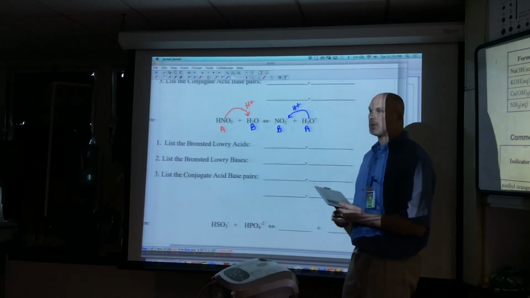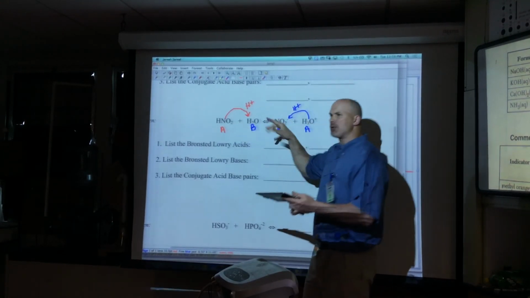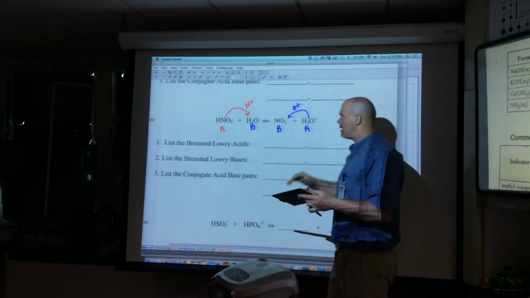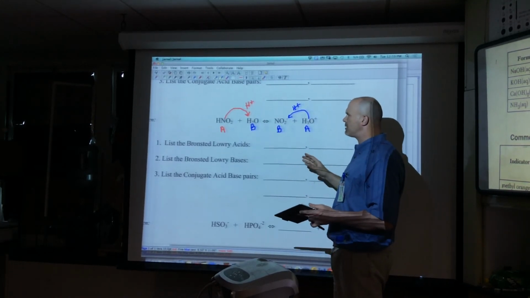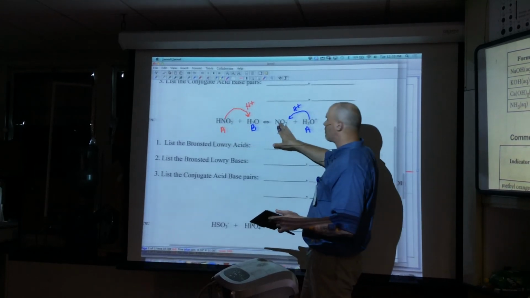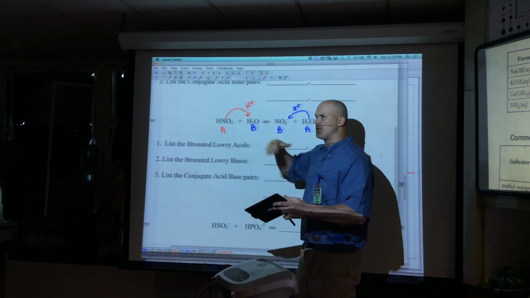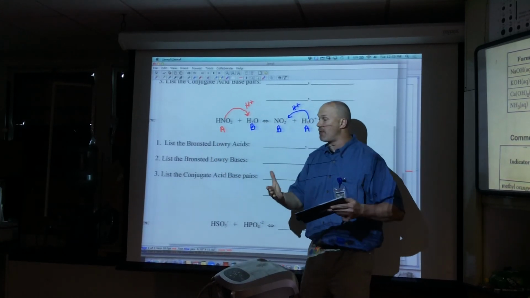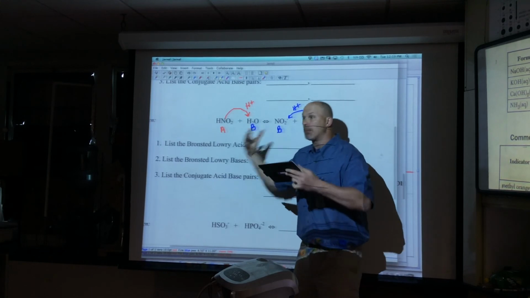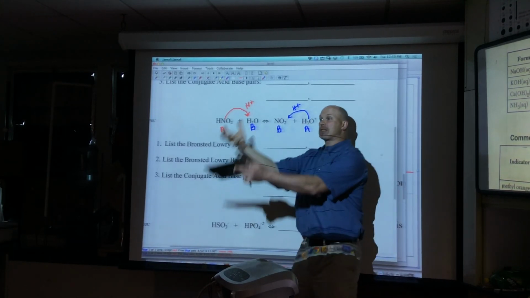What you must be able to do is take a weak acid-base equilibrium, which will not be posted on table K and L, and decide who the acid and who the base is by looking at what it becomes in the future. Oh, it becomes one less H, so it must have donated an H. Donating an H plus is a better definition than Arrhenius because it encompasses more acids. And the water accepted an H.